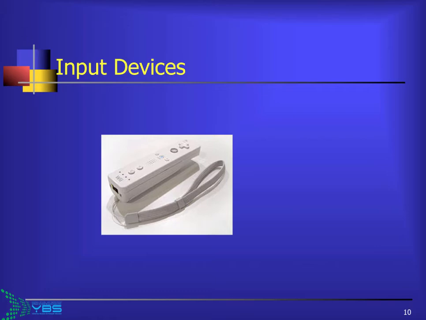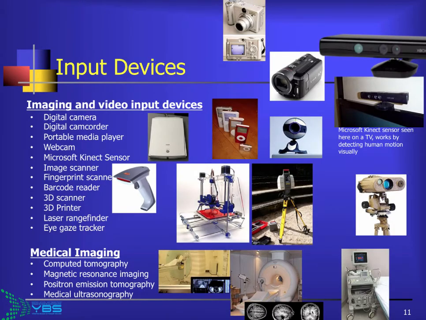And let's talk about the imaging and video input devices. You see there are lots of input devices on the screen. Let's talk about this. The Microsoft Kinect sensor on screen here works by detecting human motions visually. On the right side of the screen you can see it moves when the human moves as well.